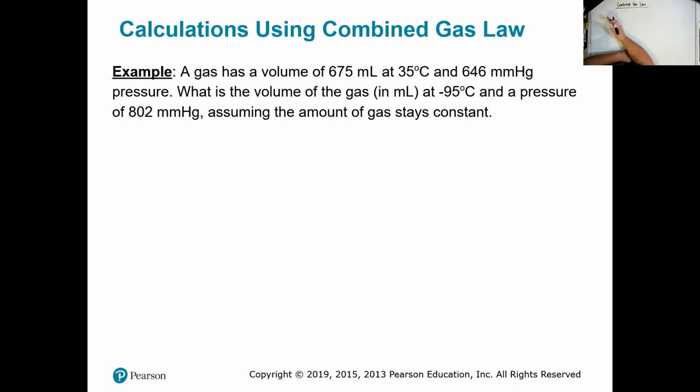Okay, and they're saying that a gas has a volume of 675 milliliters at 35 degrees Celsius and a pressure of 646 millimeters of mercury.